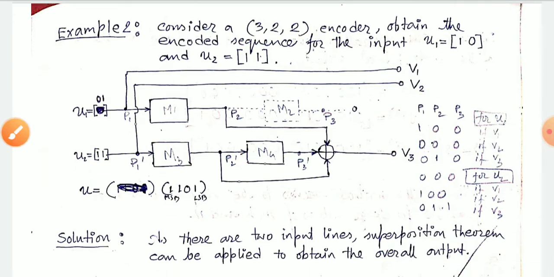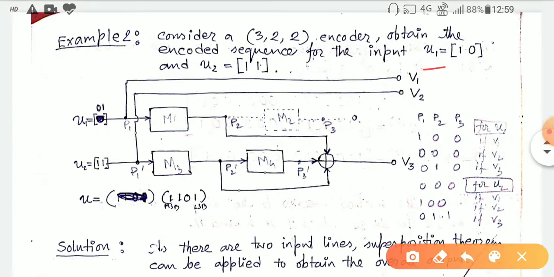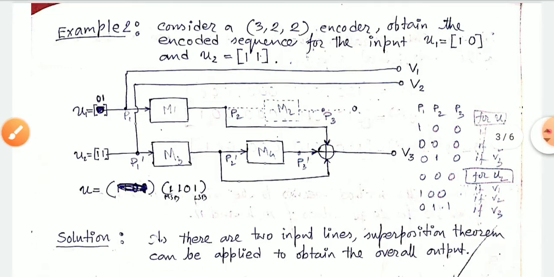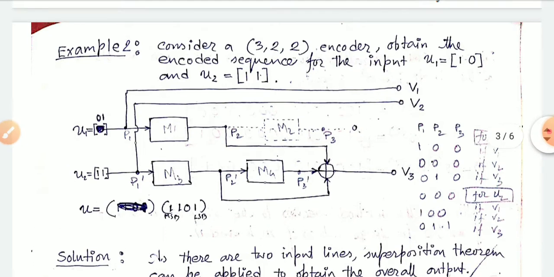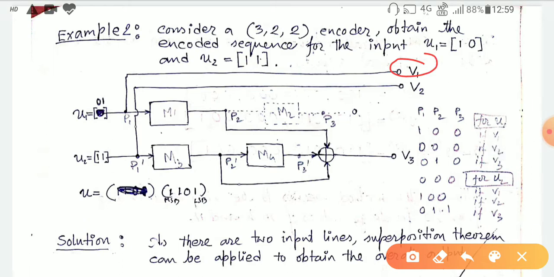Now the question is that for the input U1 specified as 10 and U2 as 11, what will be the encoded sequence? So initially you have to identify what the expression form for V1 will be.